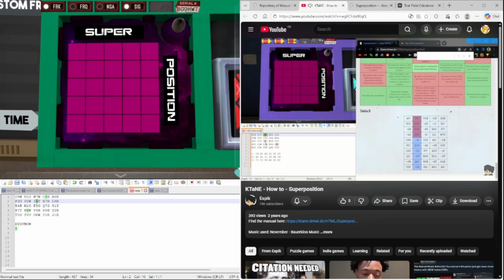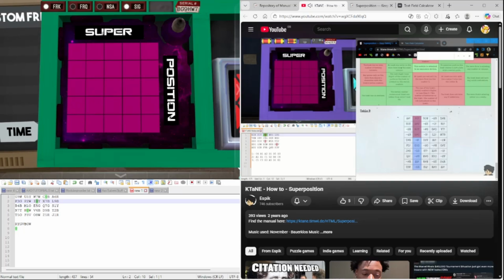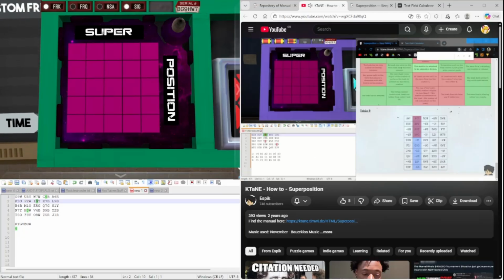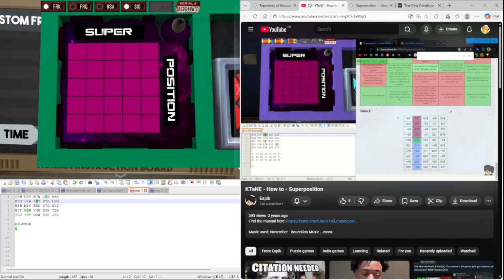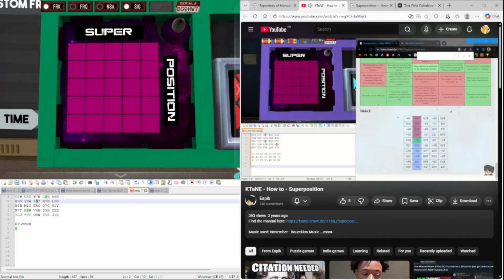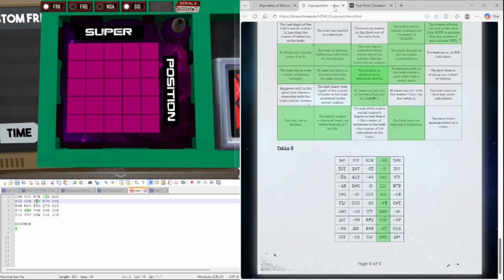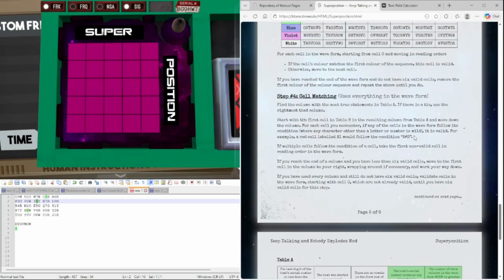Even if only one cell has the true conditions, if it's already been used, then skip over the rule. In this case, Charlie 1 is the first cell that meets this condition right here. So let's use it. Non-valid just means one you haven't added to the list yet.